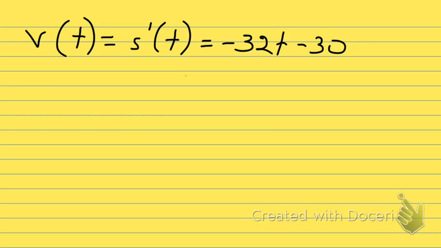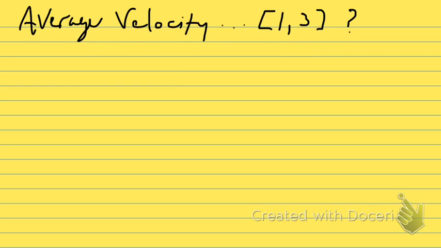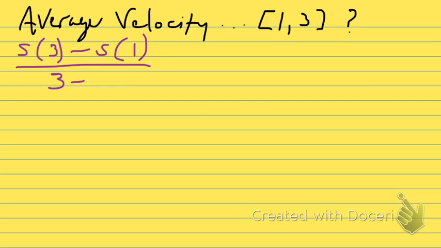The next thing that we're going to do is find the average velocity on the interval of time from 1 to 3. For that average velocity, our formula is the change in position, like the change in y, over the change in time, like the change in x. In order to use this formula, I need to know what is s of 3.